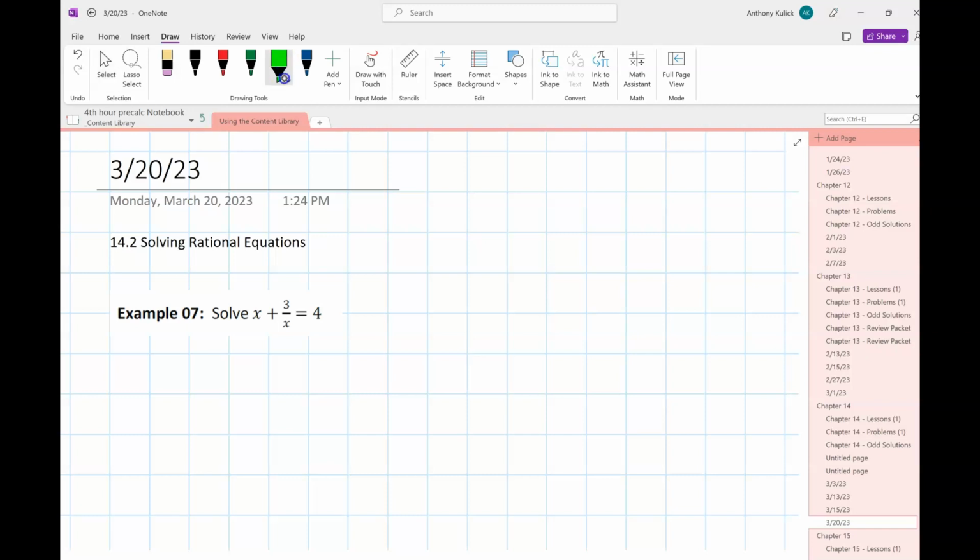All right, so the topic we're talking about today is solving rational equations. Remind me again, what is a rational function? That's what we've been talking about, these rational functions. What does it mean to be a rational function? What does that look like? Anybody remember?